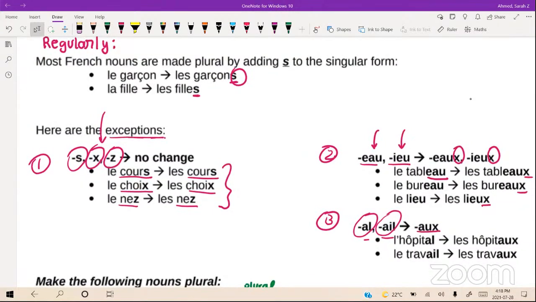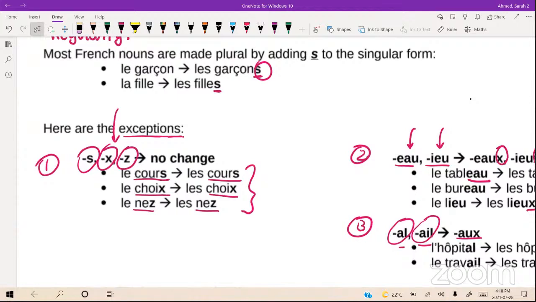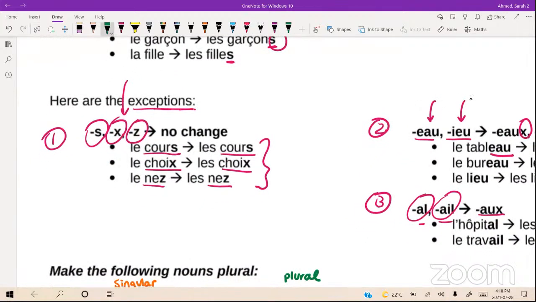Oh yeah, so if the word ends with S, X, or Z, then you don't change the word. So no change to the word. Copy the word as is. We just change the definite article. Yeah, only the definite article will change.